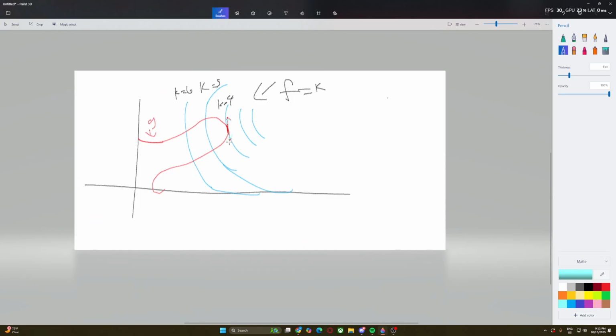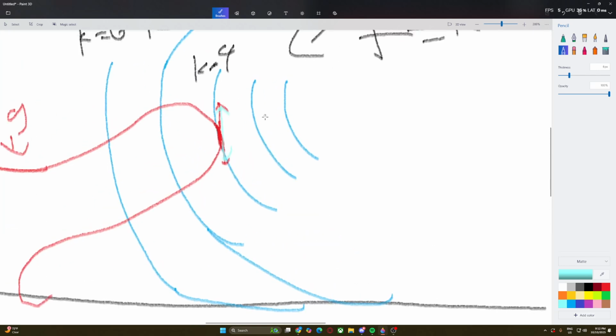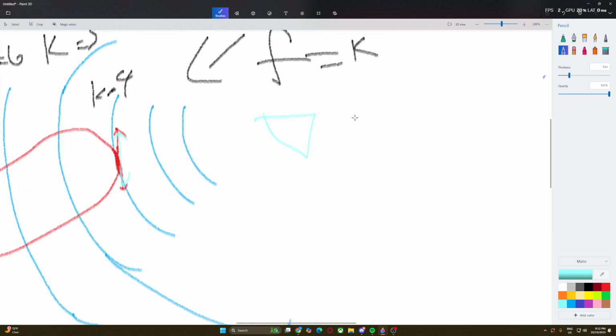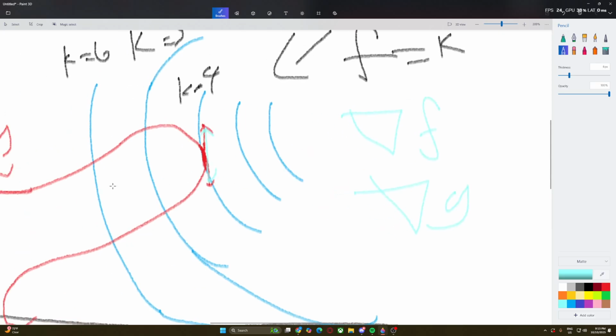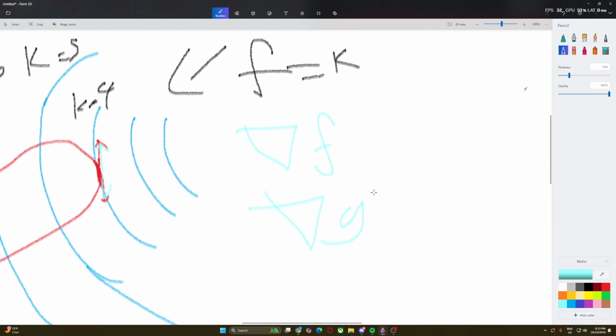And the biggest difference is their gradients. I said a gradient of a function is the vector that is first of all perpendicular to the tangent line, and second, it points in the direction of greatest ascent.